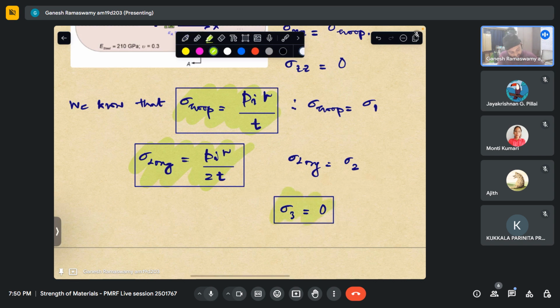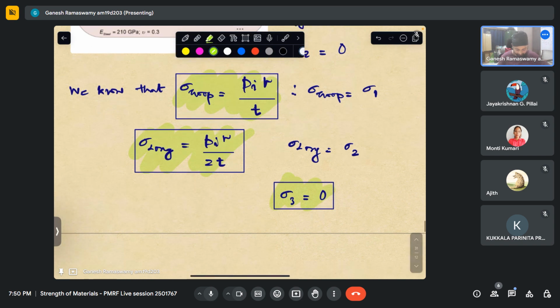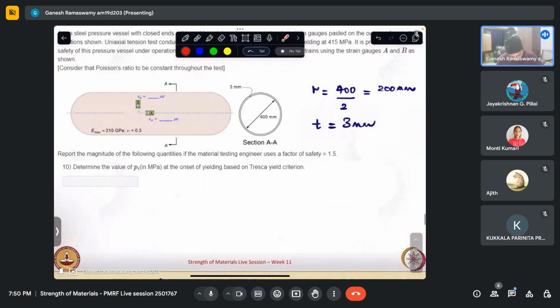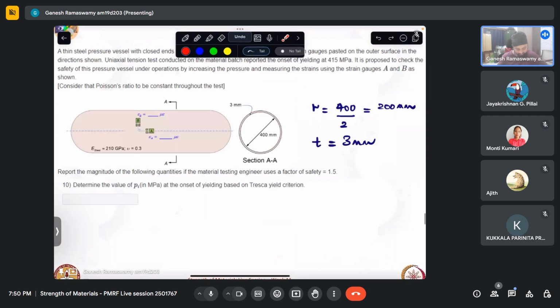let us see what the question is asking. Determine the value of the pressure P at the onset of yielding based on Tresca yield criteria, where the factor of safety is 1.5. So let me just get Tresca yield criteria from wherever we had put it.